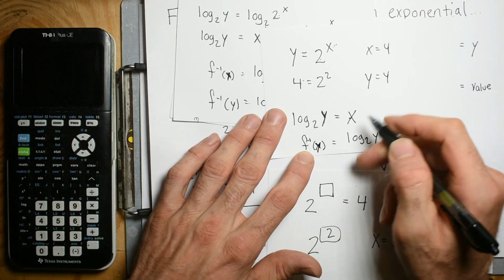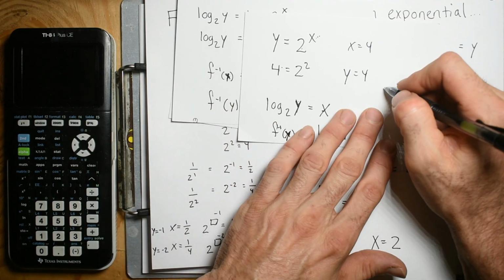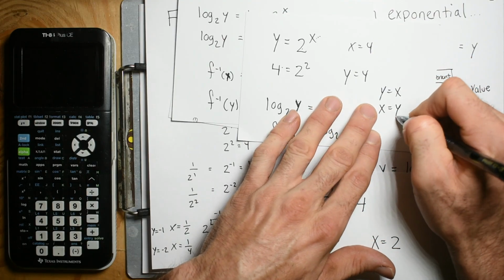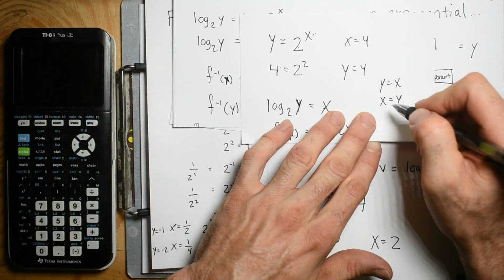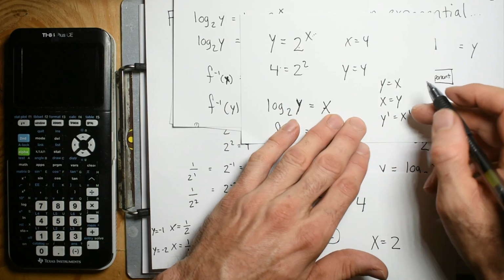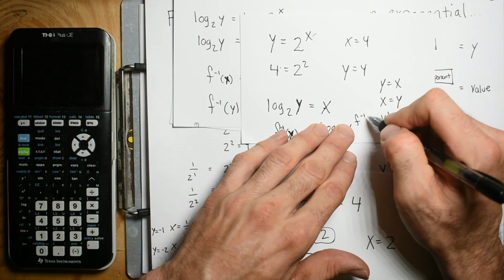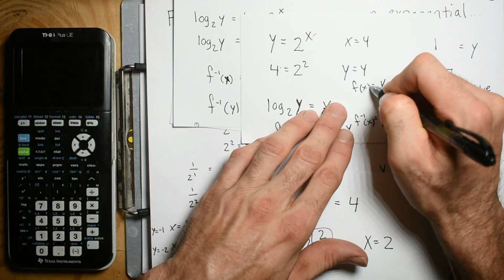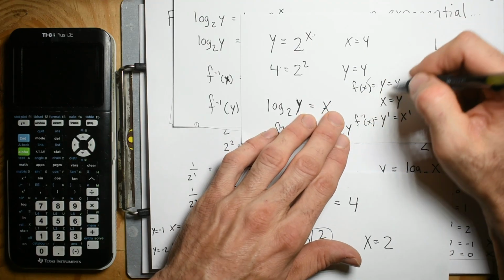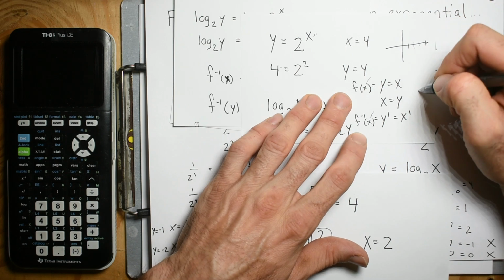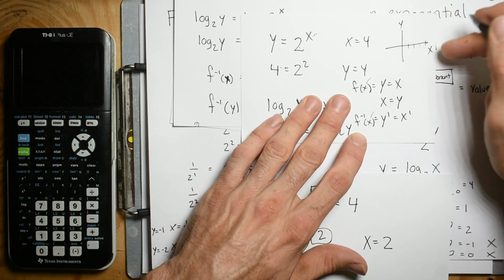That's bugging me, because if we have y is equal to x and we solve for x, we have x is equal to y. But this is a new equation where we can say this is y prime and this is x prime. This is going to be f inverse of x, and this is going to be f of x. So this keeps our independent variables always x, and we can graph them on the same axes.